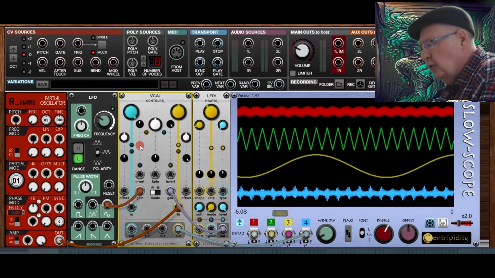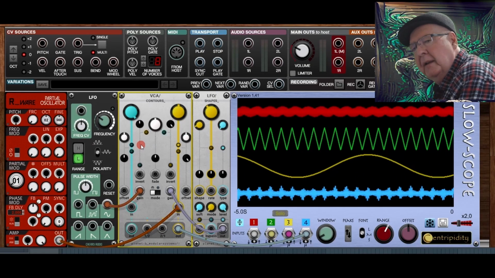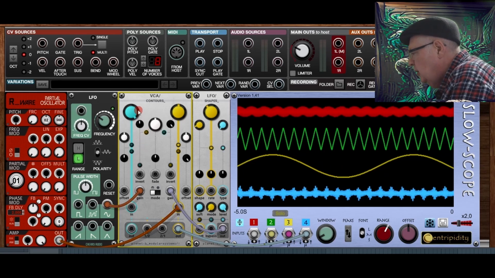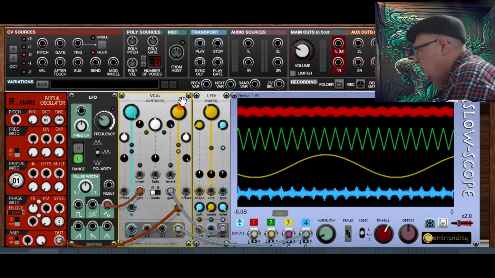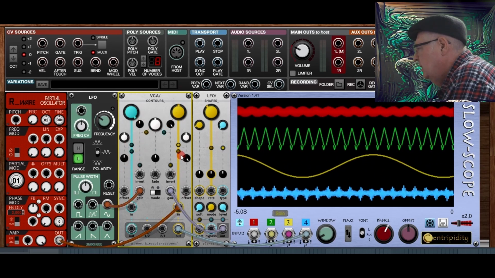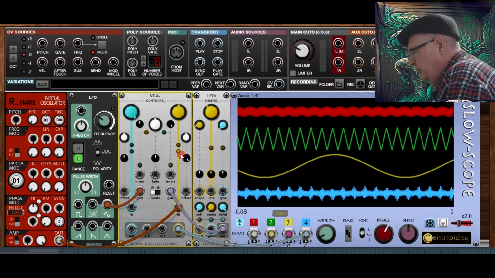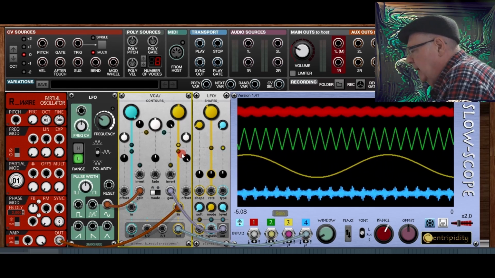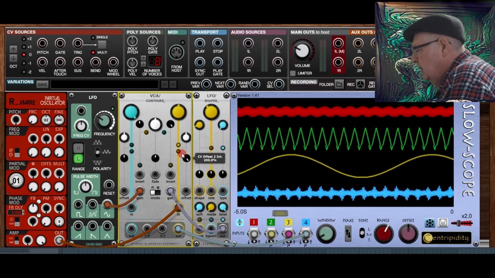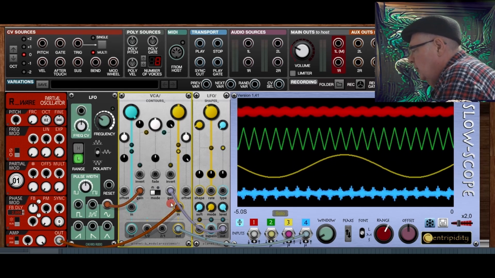The VCA contours module contains two identical VCA units, the left one here and the right one here. We have worked only with the right one, the yellow one, so far. But now I use the modulation CV jacks of both units.